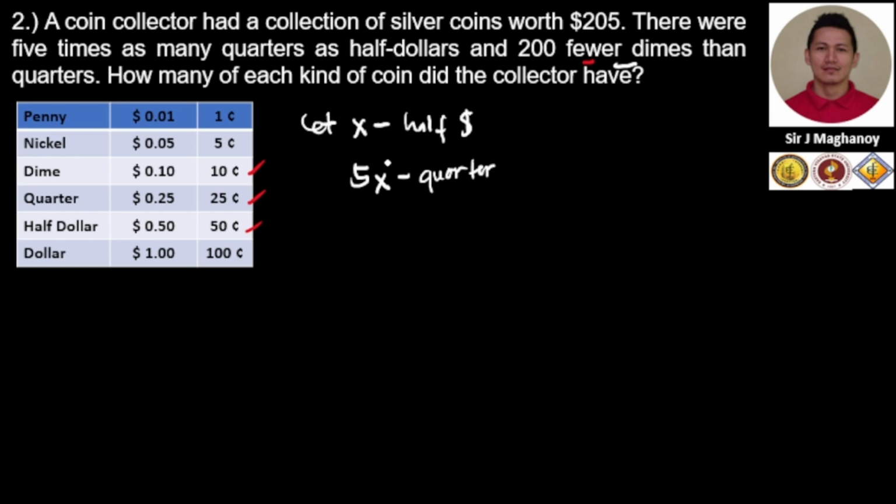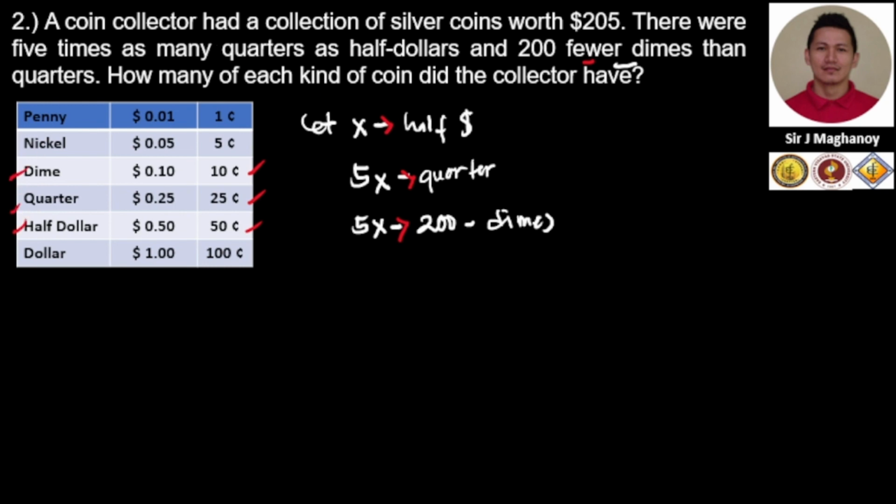If this is our quarter, 5x, then 5x minus 200 would be our dimes. Okay, so we have our variables: half dollar, quarter, and dimes.